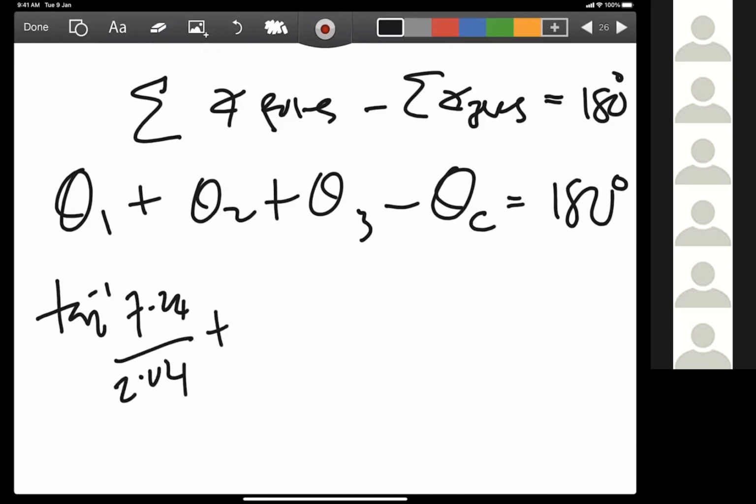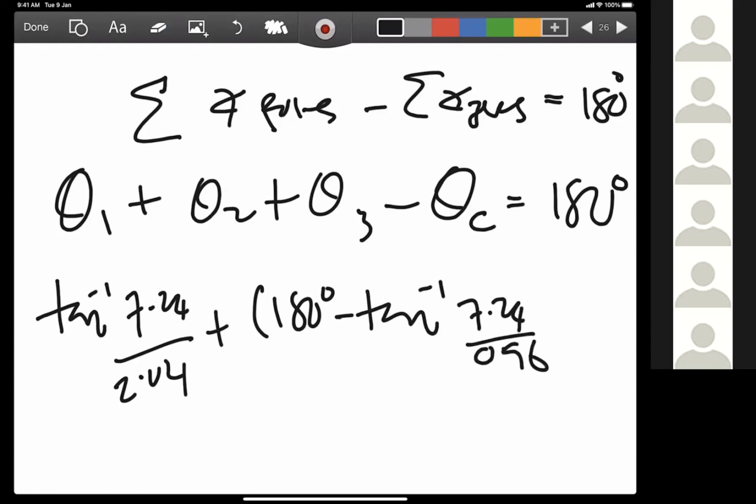Theta 2 equals tan inverse 7.24 over... 180 degrees, so you should see the diagram. 7.24, 0.96.